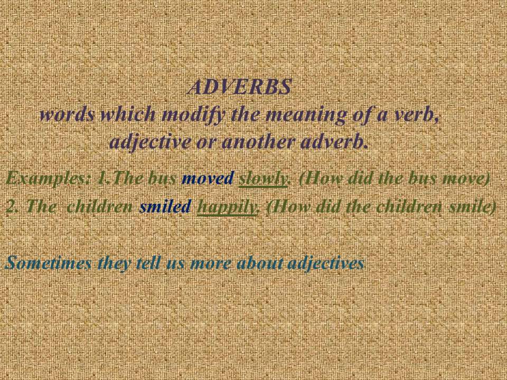So, as I said, I explained to you when it tells something more about a verb. Now, let me explain when it tells something more about an adjective. Let's take an example.